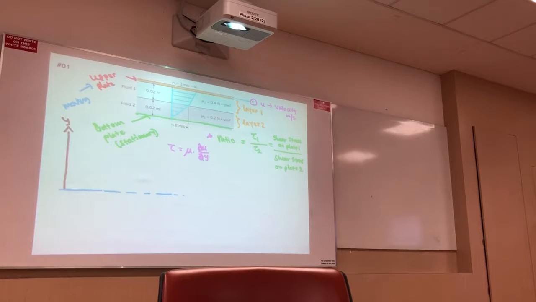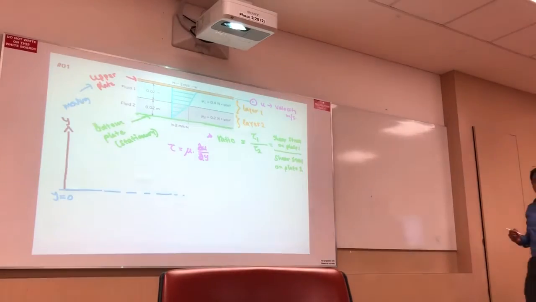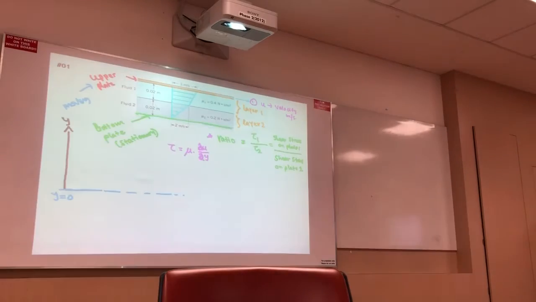The value of y here is 0, correct? At the bottom of the plate, the value of y is 0. Here is the layer of the fluid. So one layer is present here, and another layer is here. At that point, the value of y is 0.04, right? And at that point, the value of y is 0.02.